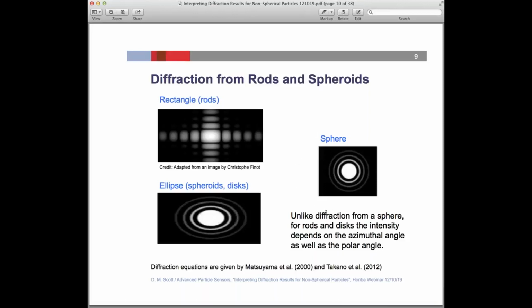If you go around the spherical diffraction pattern, you can go to 12 o'clock or 6 o'clock, it looks the same. But if you look at these other diffraction patterns, the orientation of the particle actually impacts how the diffraction pattern is observed by the instrument. I give a reference here in case you want to look at the equations. I had equations in the talk that I gave 5 years ago, but I pulled them out for this presentation.